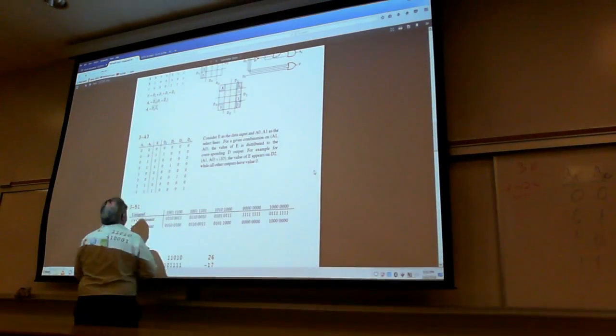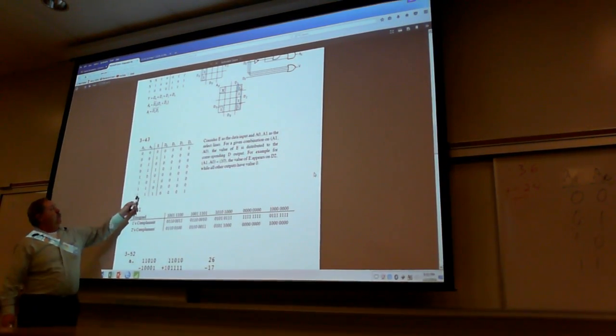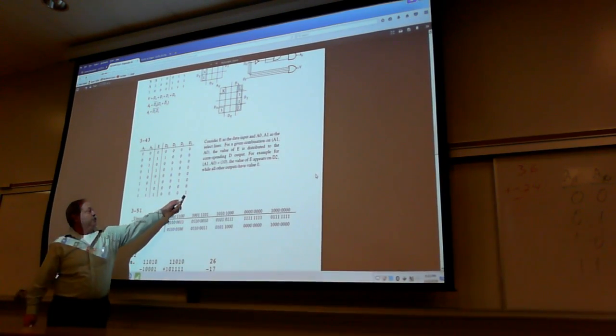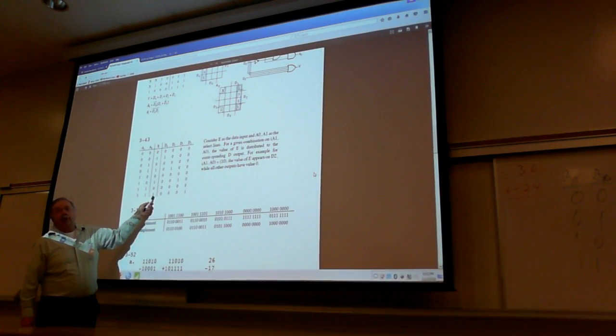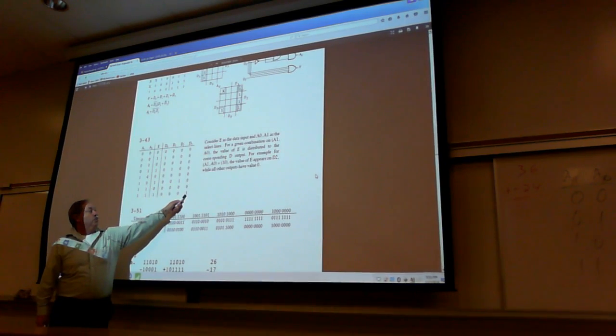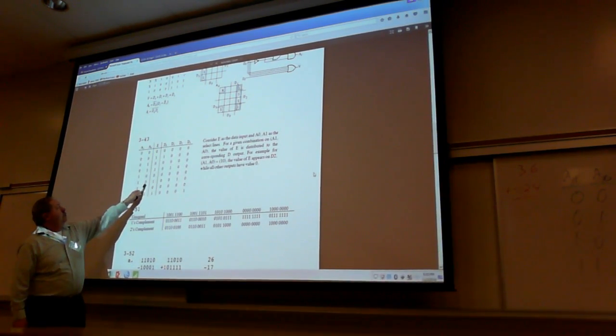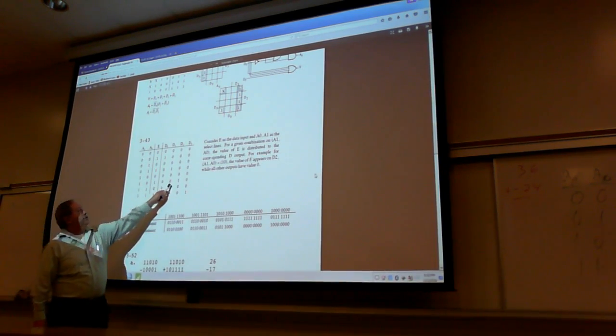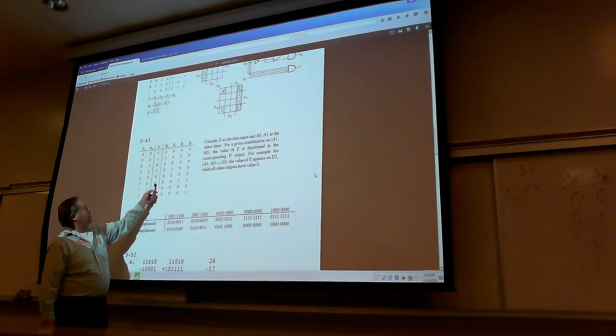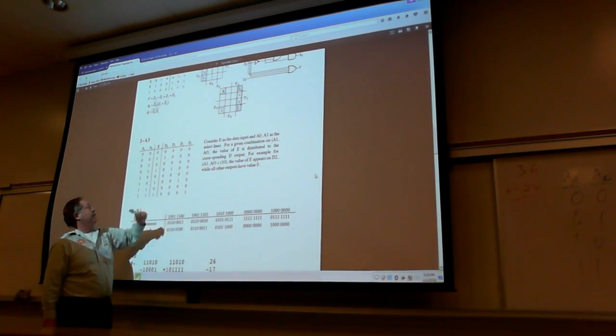If you look at it, picking a couple here, where I have 1 and 1, that means D3 is enabled. Input E was 1, so I put the 1 to the D3 output line. 1, 0 would be D2. Because the input line had a 1 on it, I pass it through.